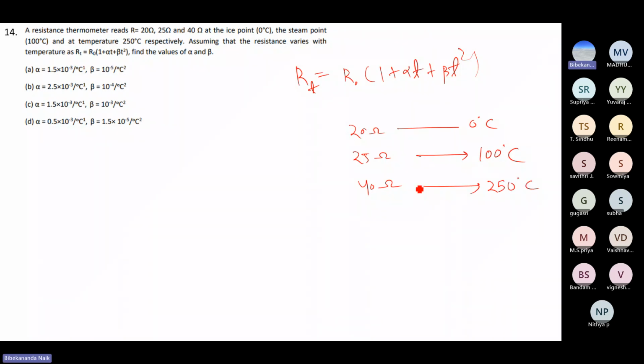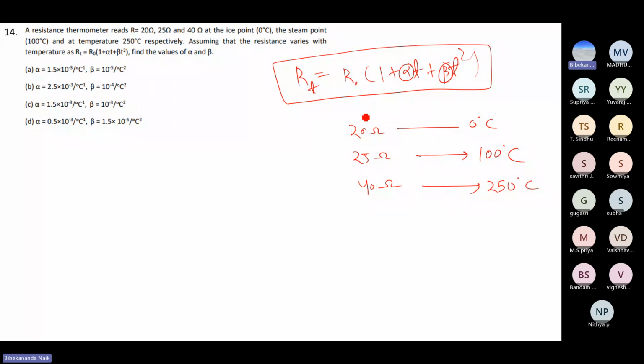This is how the resistance varies with temperature, and this is the relation between temperature and resistance. We need to find these two variables, alpha and beta. These are the options. So how to do this? Because we know at 0 degrees Celsius.